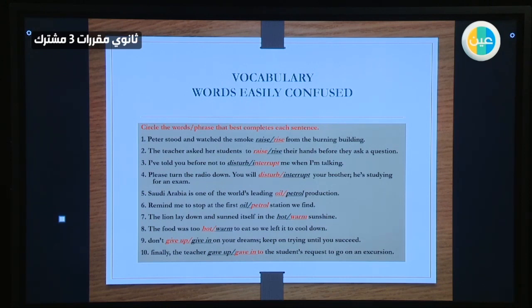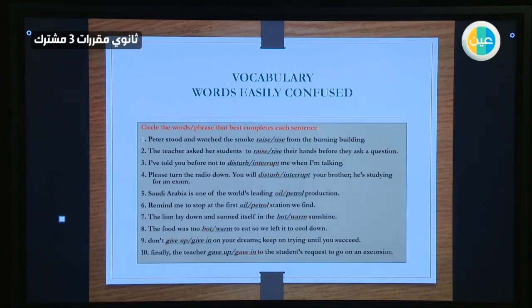Like when my daughter insists on buying something, and in the end I gave in and bought it for her. In the beginning I refused. After that I gave in to her request.